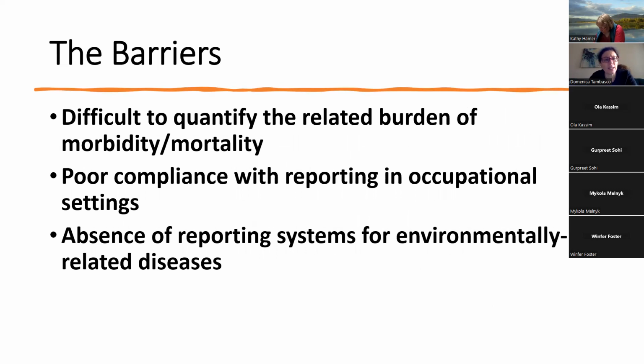Well, in addition to the time needed to take an environmental exposure history, other barriers may include the difficulty in quantifying the burden of morbidity or mortality related to environmental exposures due to multifactorial etiology of many diseases, as well as maybe the poor compliance with reporting and perhaps the absence of reporting systems. I would say primarily the absence of reporting systems for environmentally related diseases is another barrier.